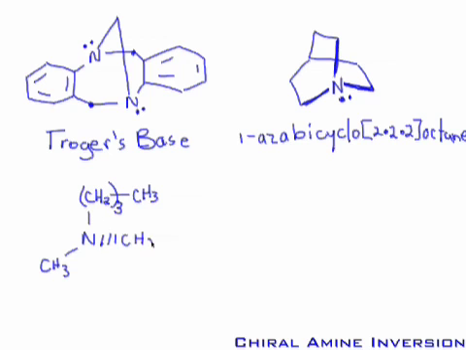Here's a propyl. Four different groups around an ammonium salt can produce a chiral ammonium salt. This molecule's chiral.